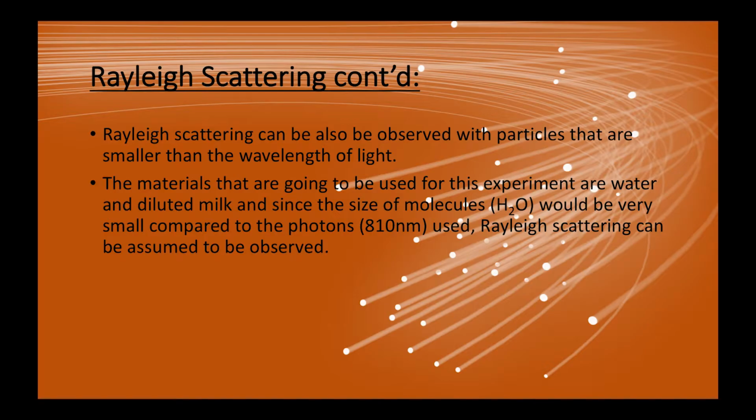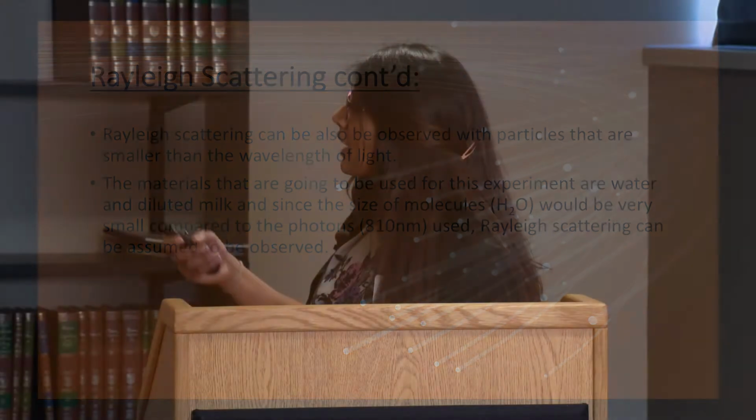We see it when the molecule size is smaller than the wavelength of the light. And for the molecules that I'm using, like water, because water is one of my materials, their size is smaller than the wavelength of the photons that I'm using, which is 810 nanometers. This tells me that there should be scattering happening with my photons.